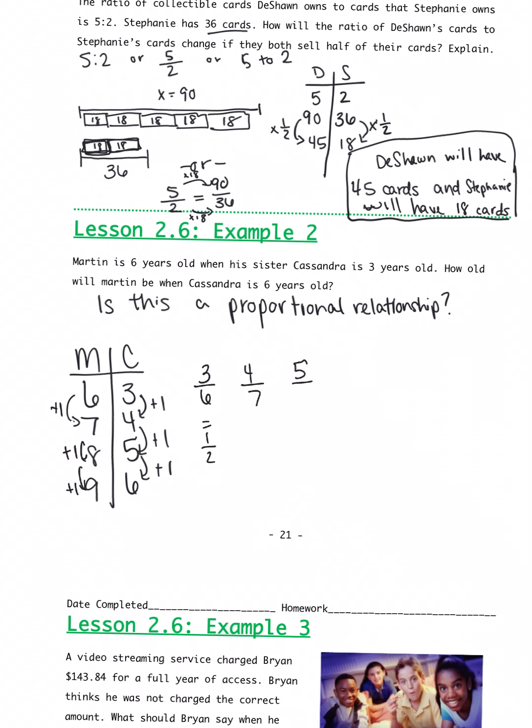We have 5 over 8, and we have 6 over 9, which is equal to 2 over 3. Now I'm just going to bring these down so I can compare them. We see that this does not equal this, does not equal this, and this does not equal this. So therefore, they are not proportional. Our ratios have to be equivalent for them to be proportional.